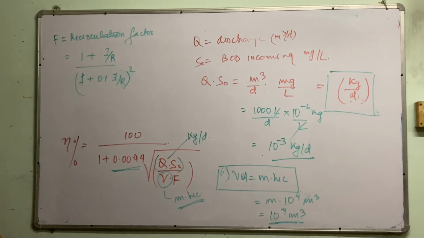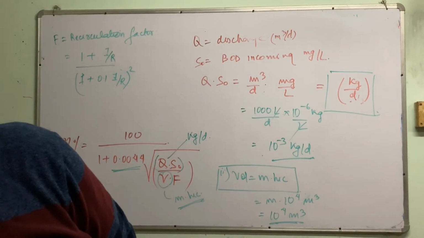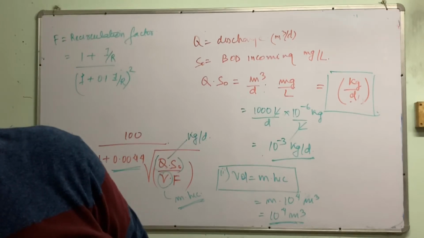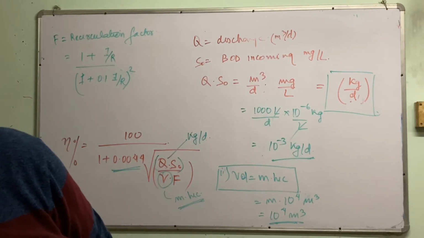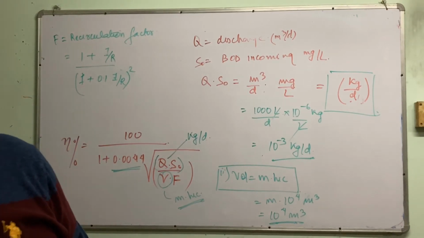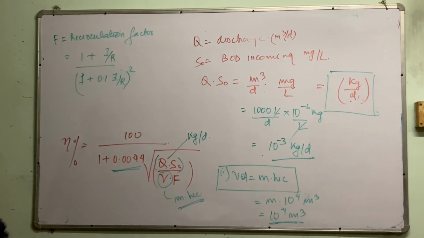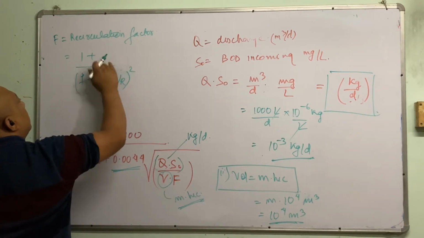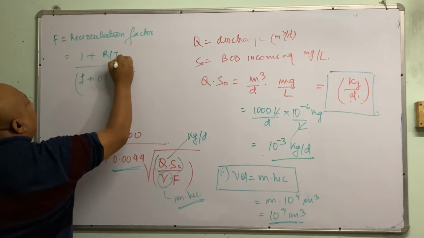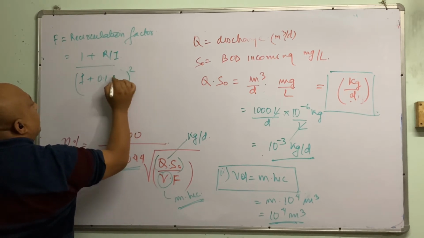Okay, I think I have not made a mistake. This is R by I. This is also R by I.